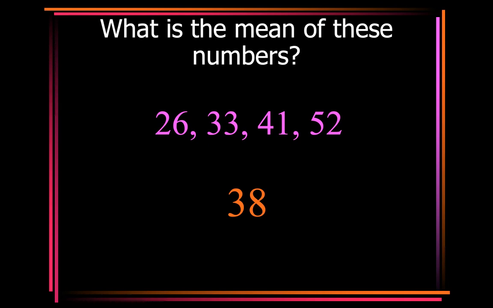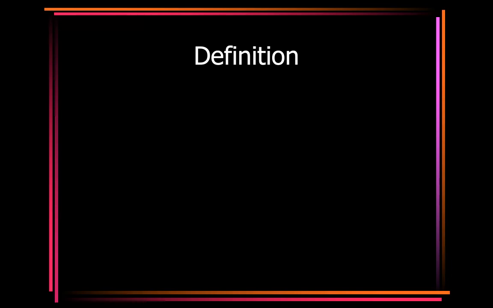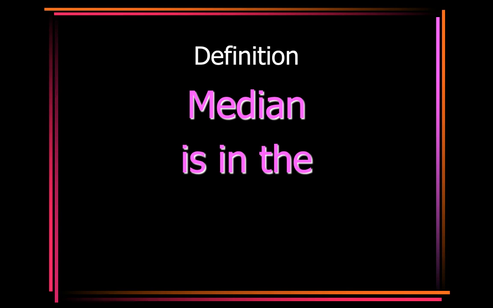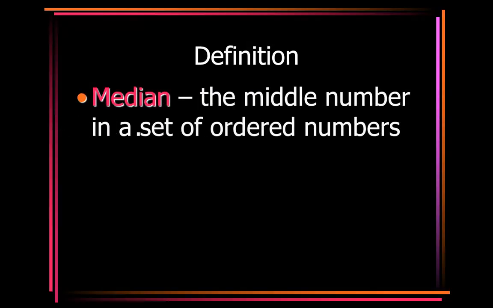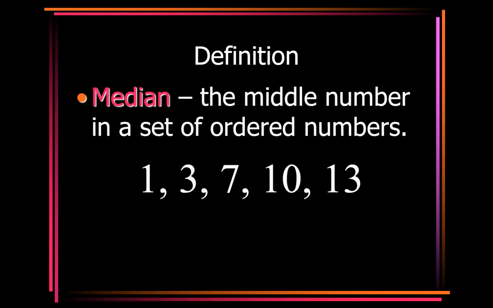All right. Now let's talk about the median. The median is in the middle. If I'm given a set of numbers that are in order, the median is the number right in the middle. So for example, 1, 3, 7, 10, and 13, the middle number is 7.